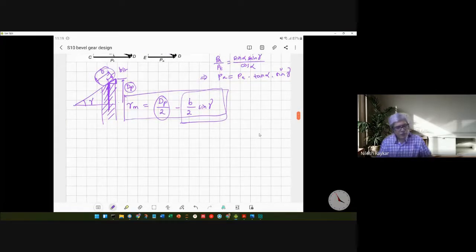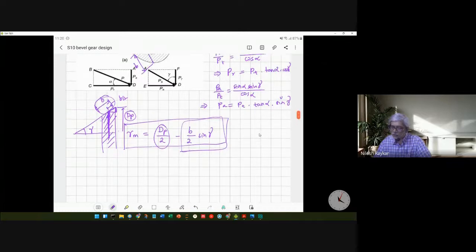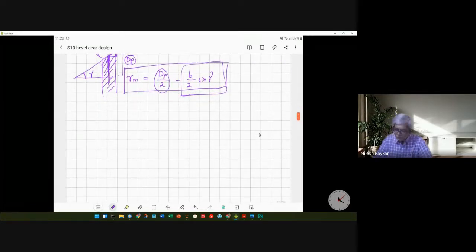Okay, now the force analysis doesn't complete with the magnitude. It also needs to have the directions decided. The direction of the radial and tangential forces are similar to that of the spur gear, only the direction of the axial force needs to be understood properly.